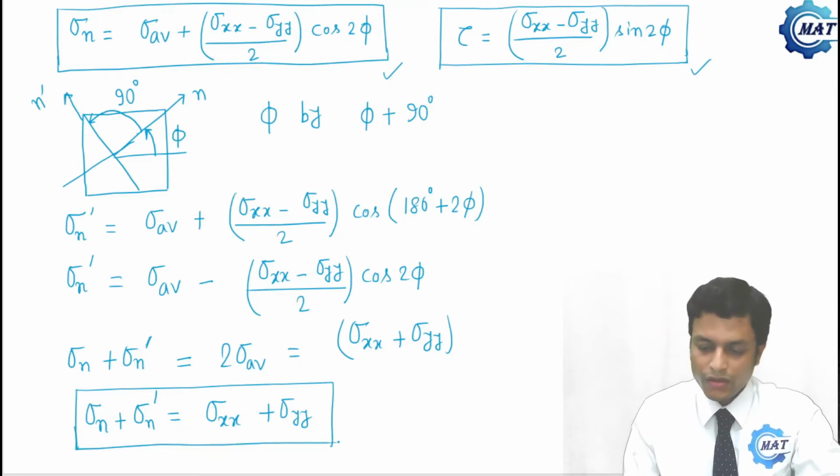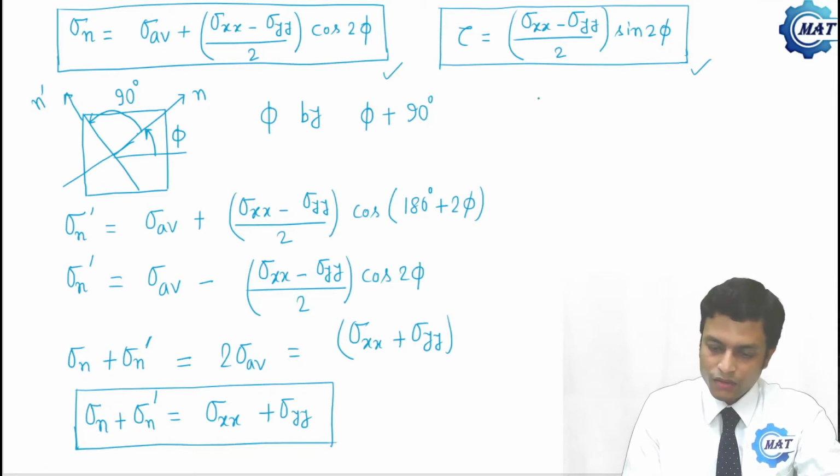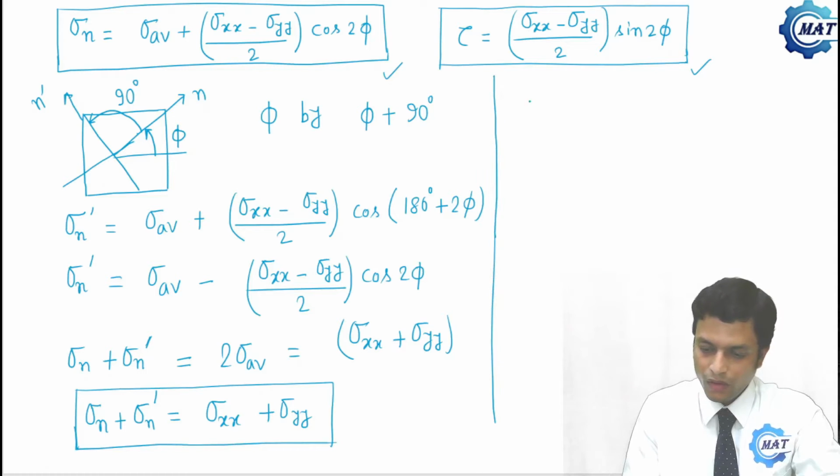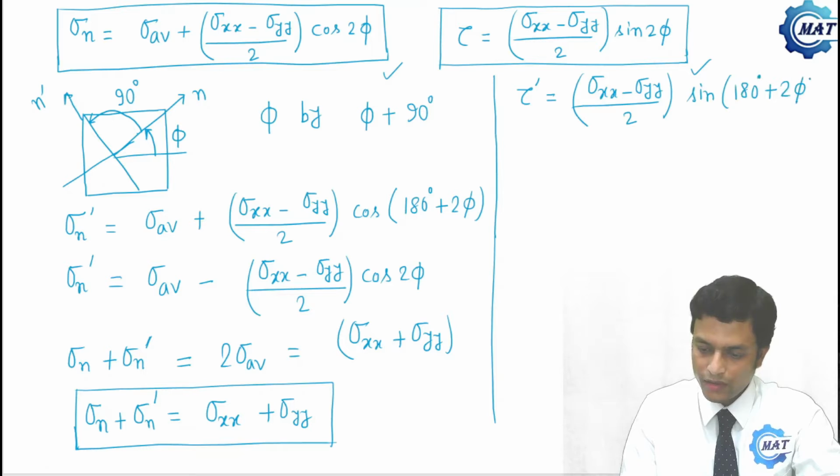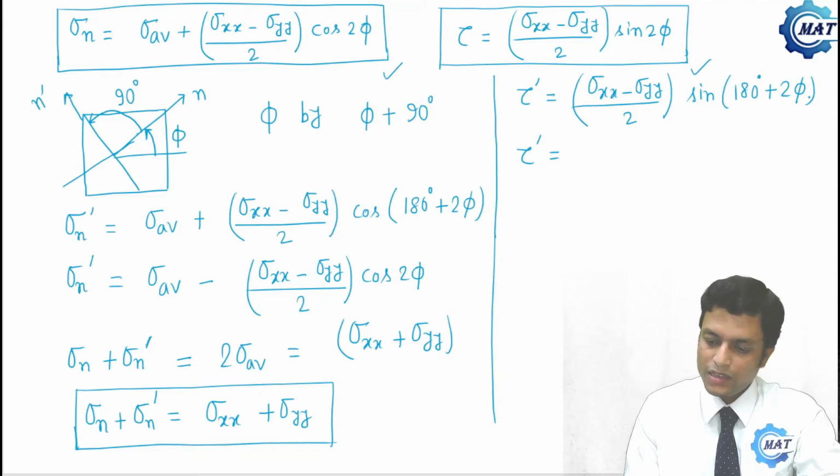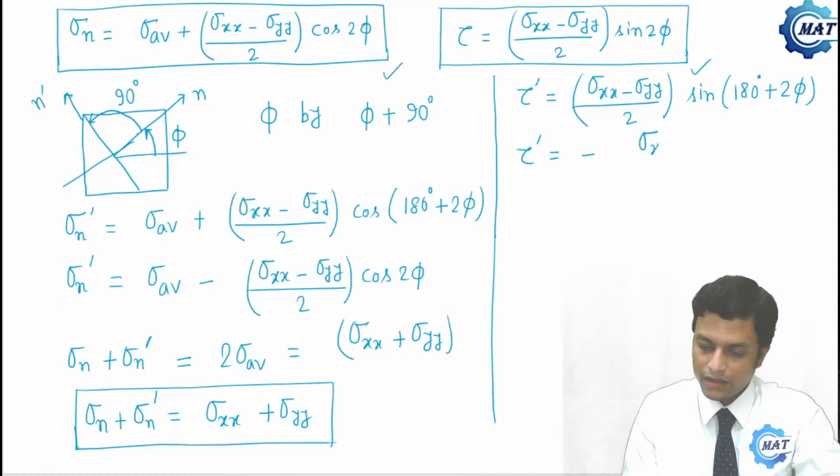Now what will it be for shear stress? For shear stress, what will tau prime be? Tau prime is (sigma xx minus sigma yy) by 2 sine of (180 degree plus 2 phi), and that becomes minus sine 2 phi, so minus (sigma xx minus sigma yy) by 2 sine 2 phi, that is tau is minus tau prime.